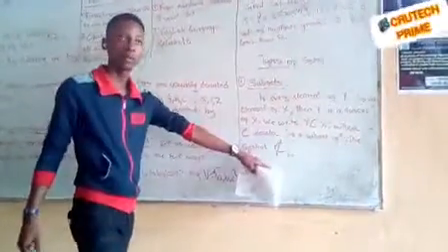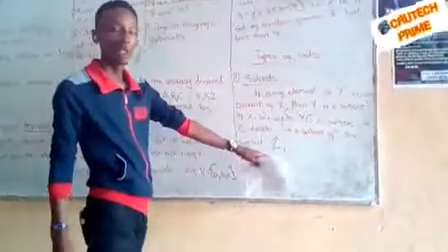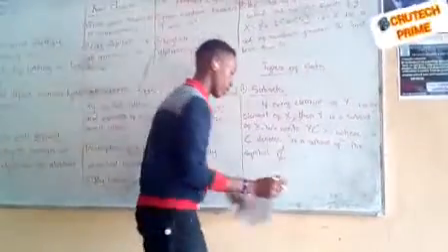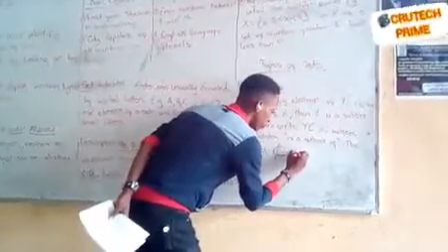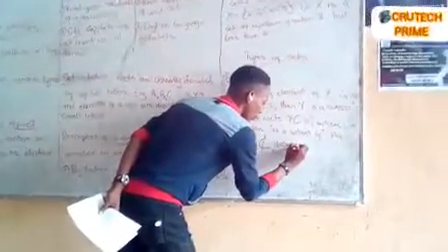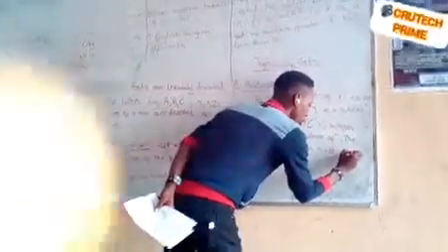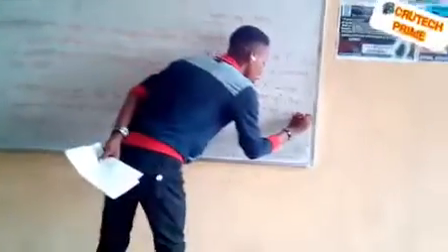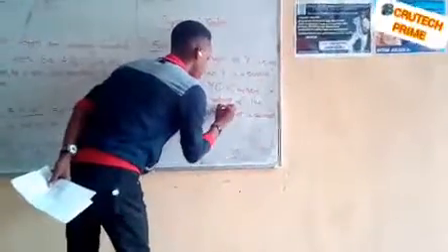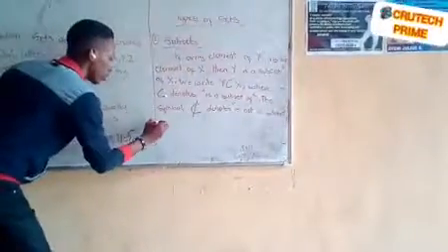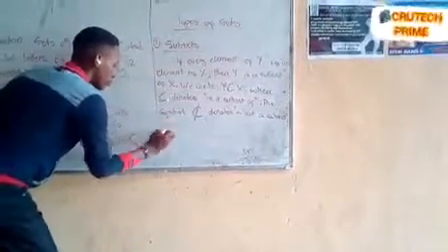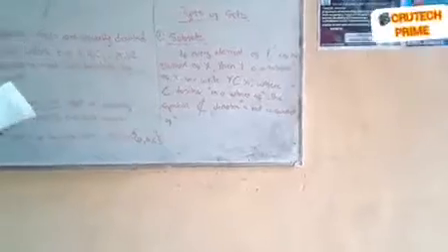Now, this symbol denotes "is not a subset of". Let's put in parentheses, "is not a subset of". And this is all about subsets.